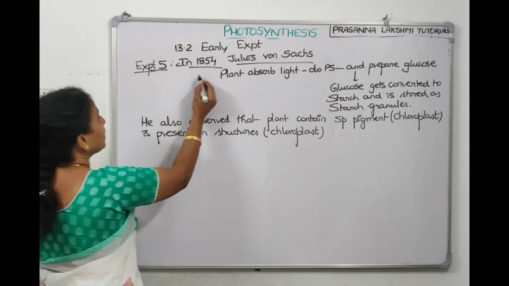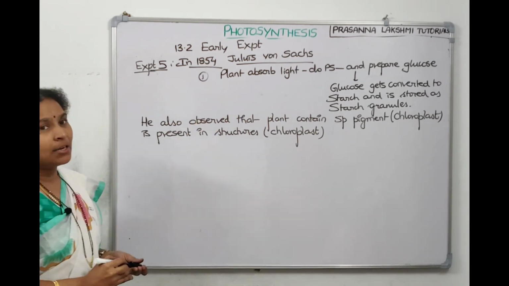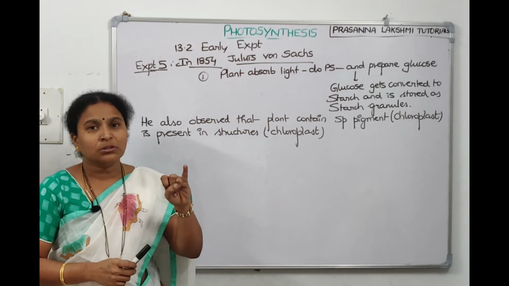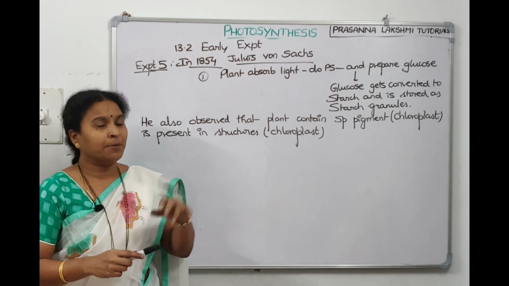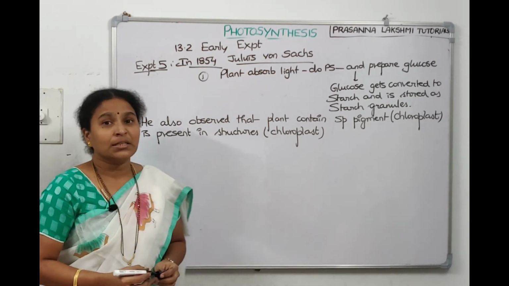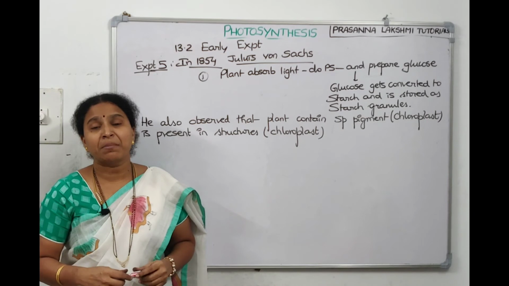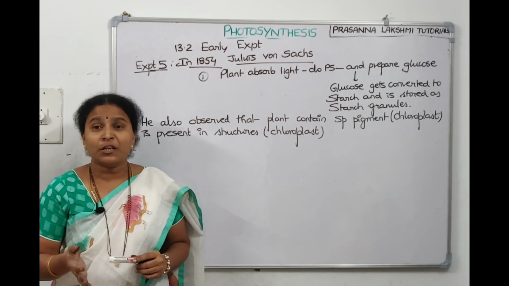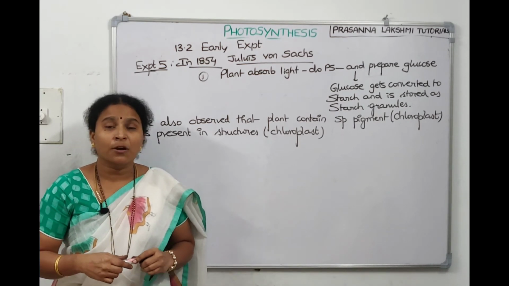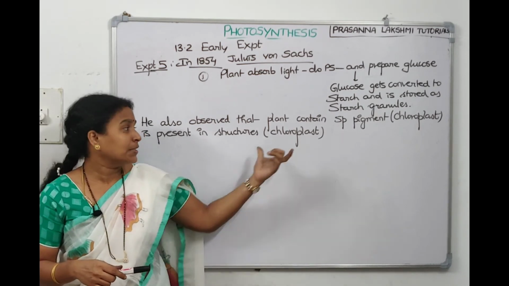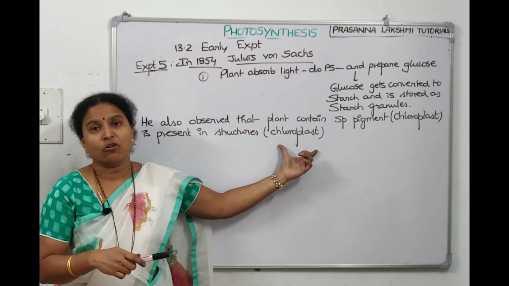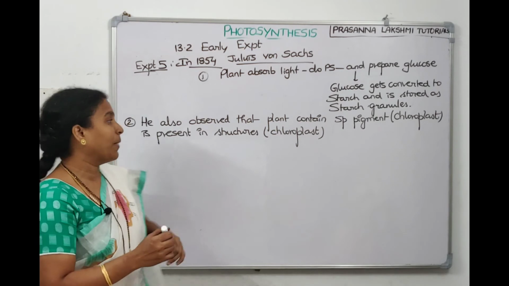So the first point is, he told plants will absorb light, will do photosynthesis and will prepare glucose, and that glucose gets converted into starch. The second point is plants contain a special pigment. The pigment is called chlorophyll. That chlorophyll is present in a special structure. The structure is called chloroplast. The third point he told, plants will do photosynthesis here, in the chloroplast, and they will manufacture glucose in the chloroplast. They'll store glucose also in the chloroplast only.